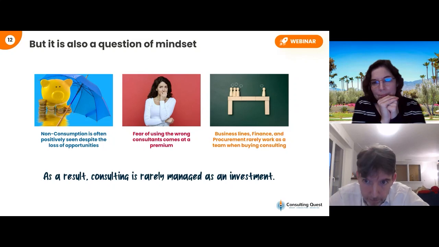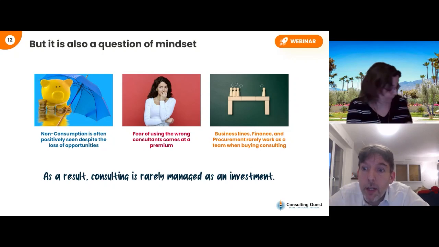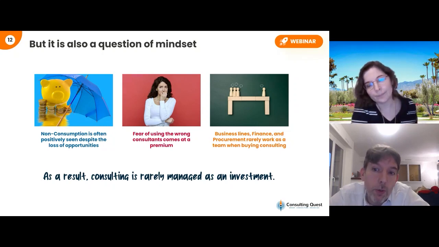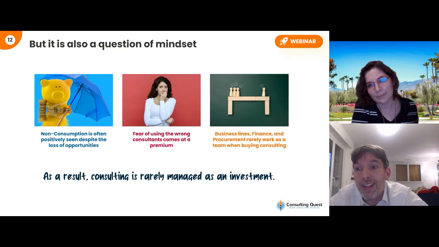And the last point that we have on that page is that we see so many situations where the business lines, finance and procurement don't really work as a team when buying consulting. And you will have the business line kind of negotiating everything on one side and coming to procurement just asking to negotiate a rebate. Or you will have a too strong involvement of procurement that will say, here are the only 2 guys you can work with.